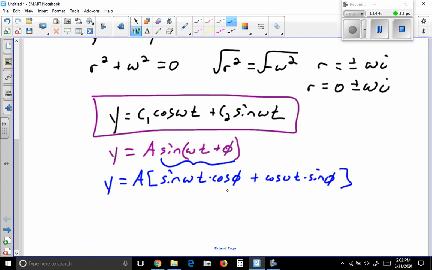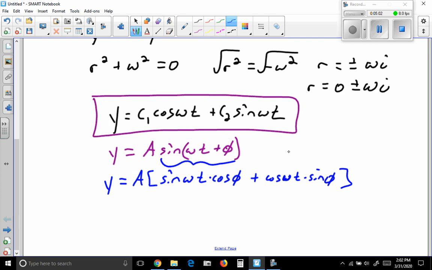Now cosine of phi is a constant, sine of phi is a constant, because phi is just the phase shift. How much we've been shifted horizontally, left or right.